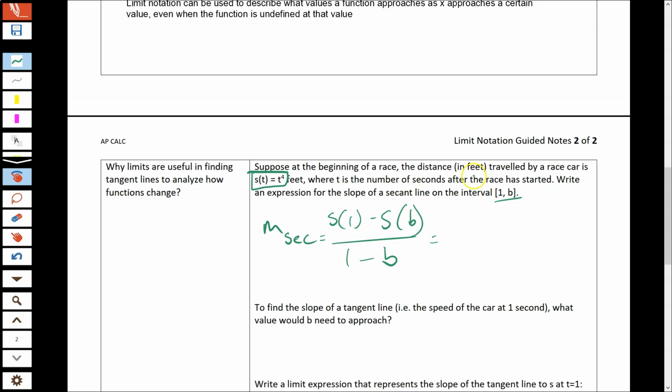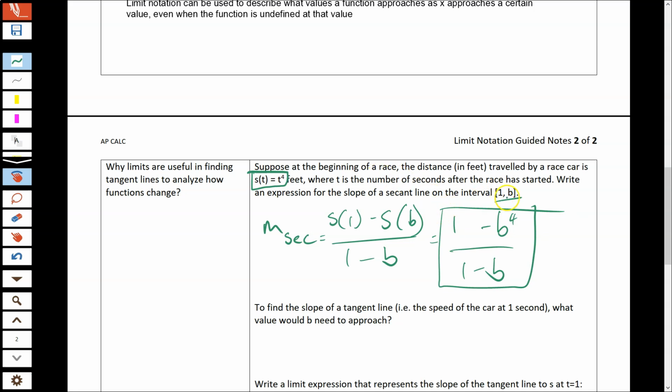And then we could make that substitution. So s is t to the fourth, right? So we'll get 1 to the fourth minus b to the fourth over 1 minus b. And we know, of course, that 1 to the fourth is just 1. Okay, so here is my expression for my secant line.